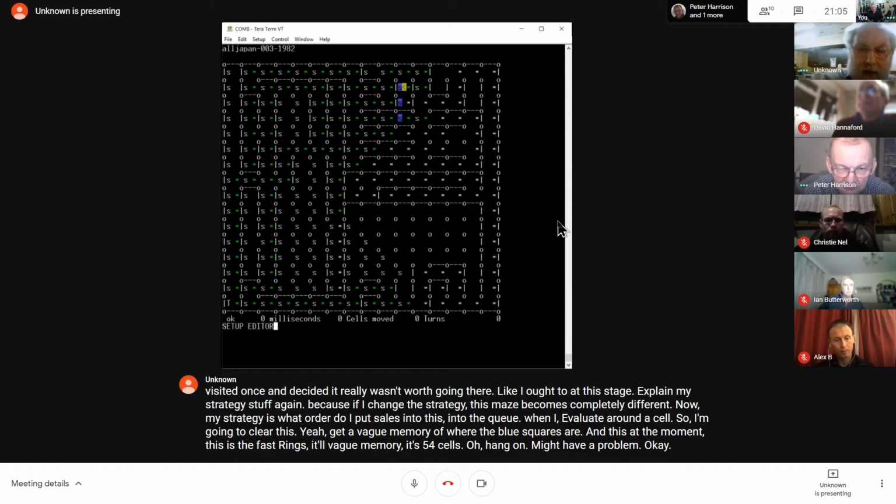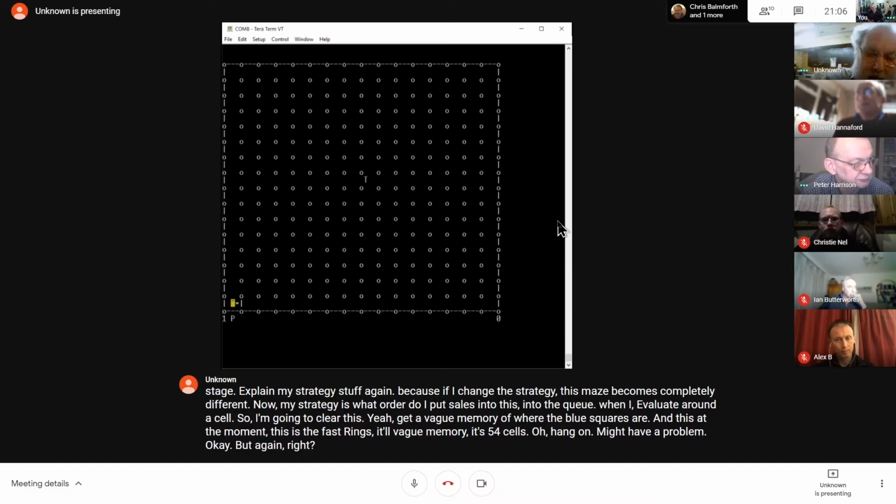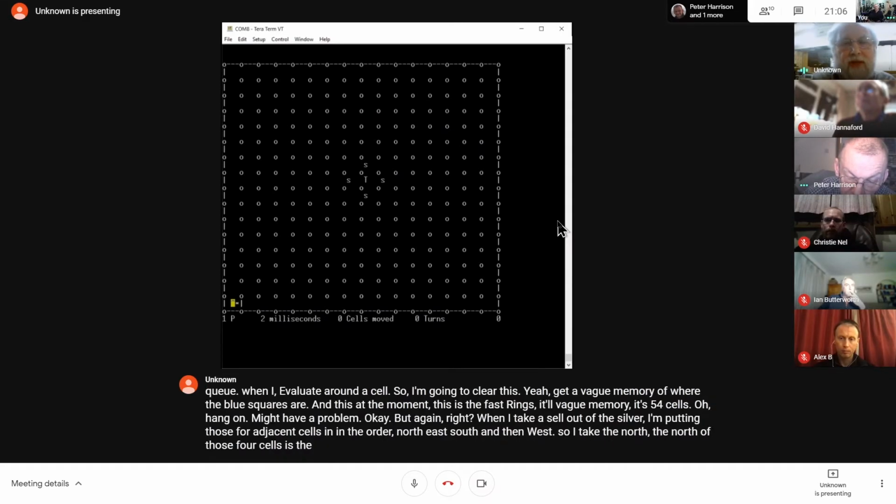Start again. Right, when I take a cell out of the solver, I'm putting those 4 adjacent cells in the order north, east, south, and then west. So the north of those 4 cells is the one at the front of the queue now, and that's the first one to come out, and so on.